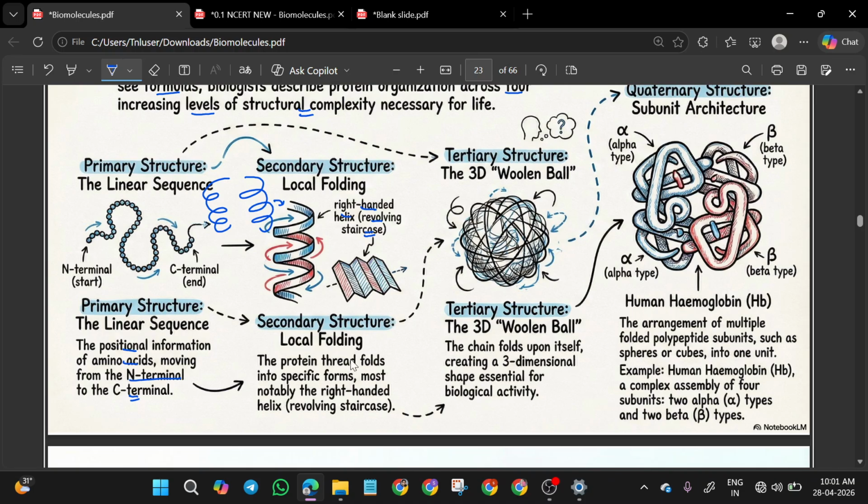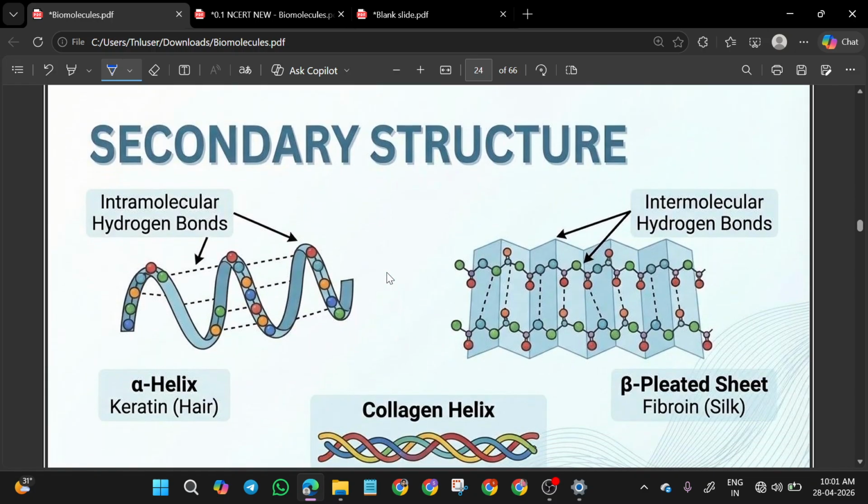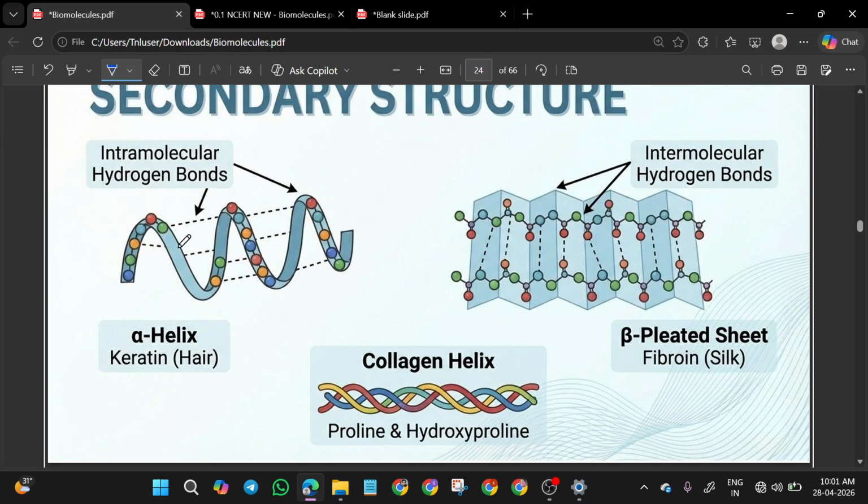Revolving staircase, the protein threads folds into specific forms, most notably the right-handed helix. That is a revolving staircase. Or it is present in the form of beta pleated sheets. You can see here. So this is alpha helix. இந்த மாதிரி இருக்கும். இதுக்கு நடுவில் என்ன பாண்ட் இருக்குன்னா intramolecular hydrogen bonds. ஒரு இதுக்கும் இன்னொரு இதுக்கும் நடுவில் intramolecular, that is within this molecule, hydrogen bonds will be present.